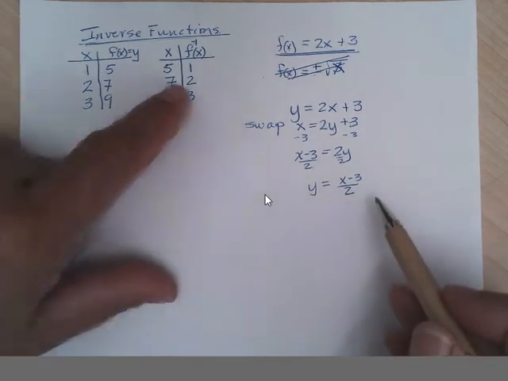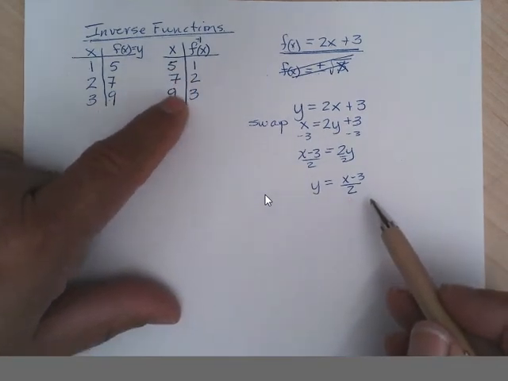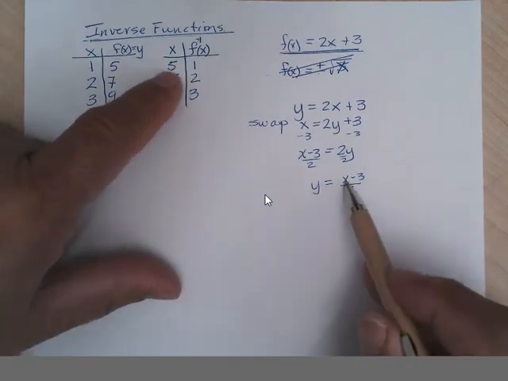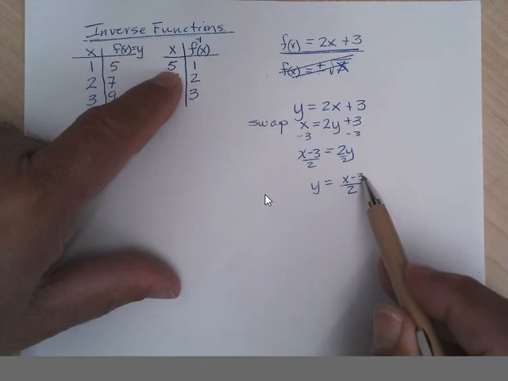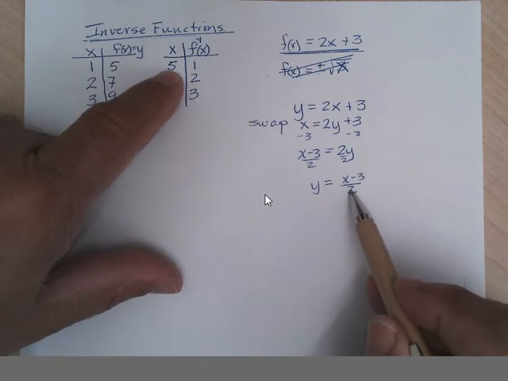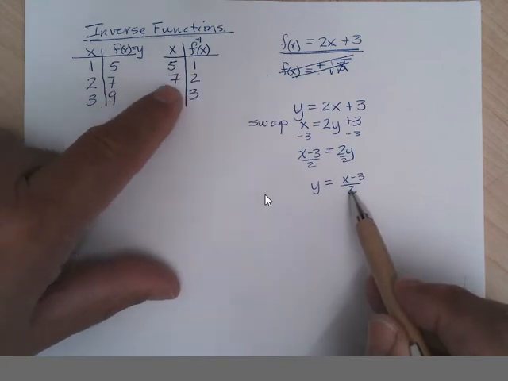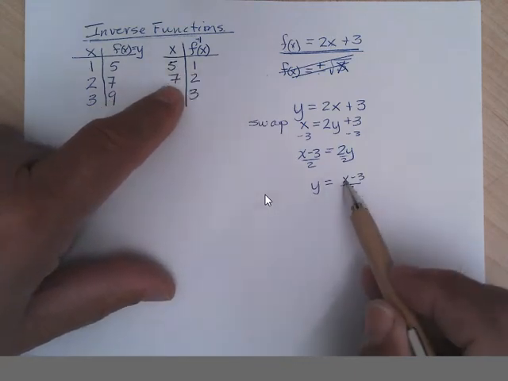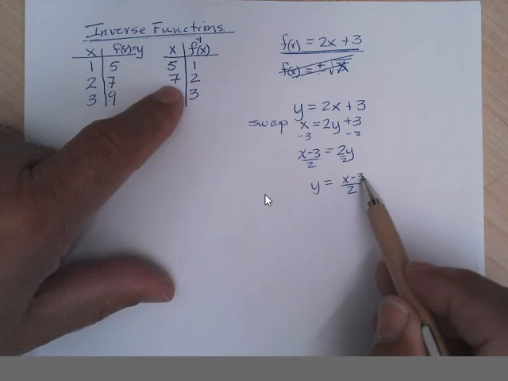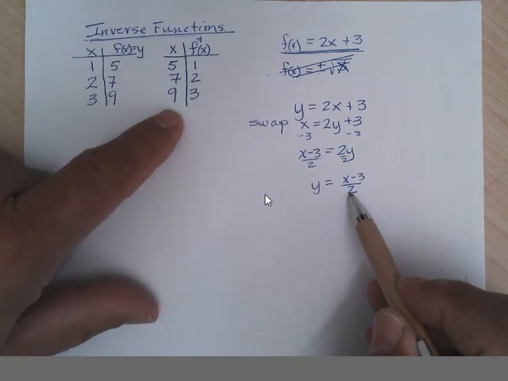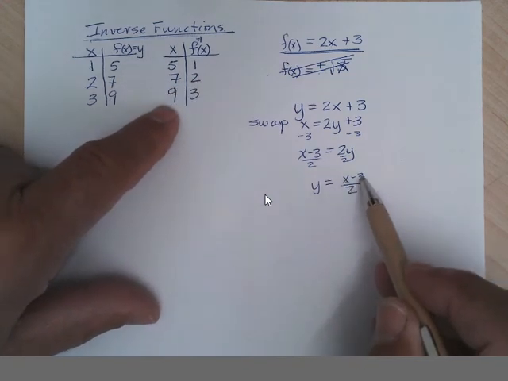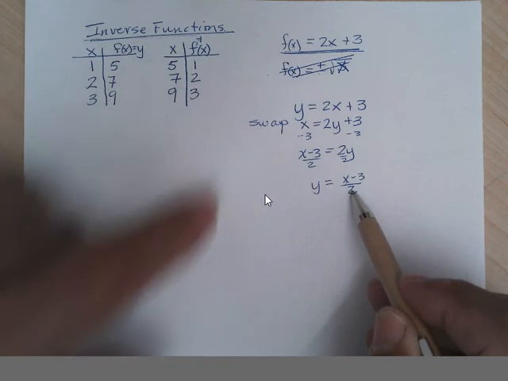If I input a 5, it says 5 minus 3, which would be 2, divided by 2, which would be 1. If I put in 7, 7 minus 3 is 4, divided by 2 is 2. If I put in 9, 9 minus 3 is 6, divided by 2 is 3.